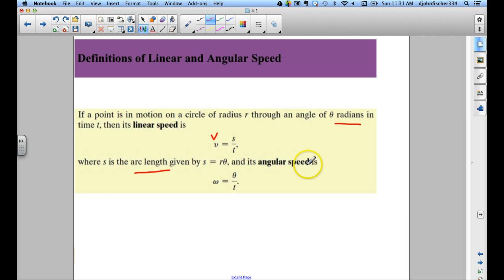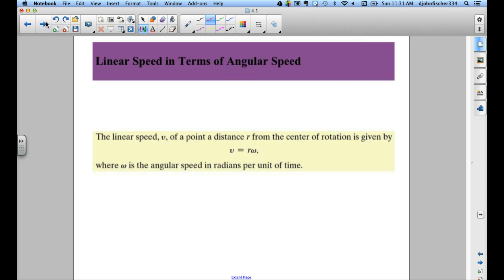Its angular speed w is theta divided by time. Linear speed is distance divided by time. Angular speed is angle divided by time. The linear speed of a point, a distance r from the center of the rotation, is given by this: linear speed is equal to r times your angular speed, where the angular speed is in radians per unit of time.